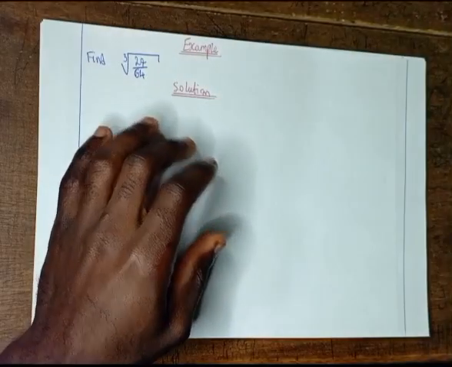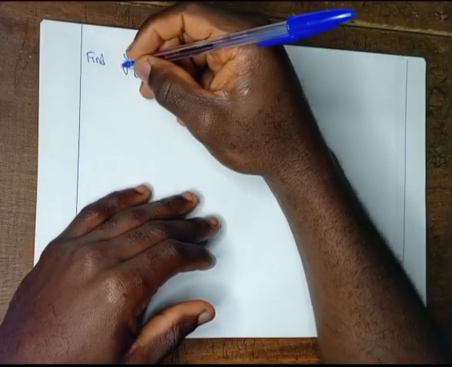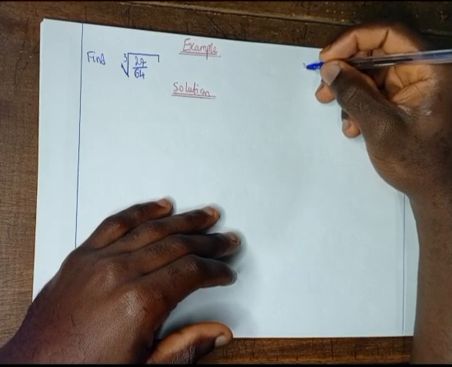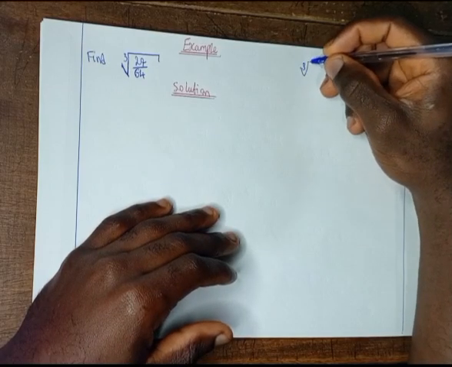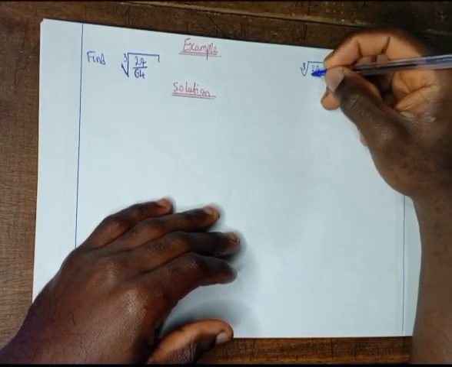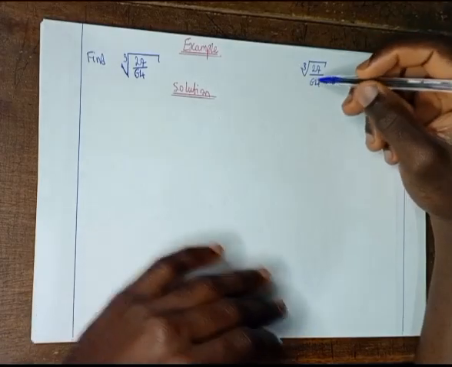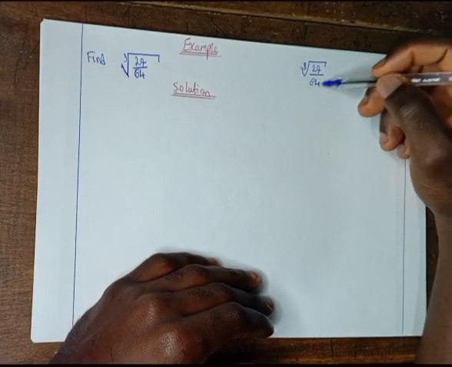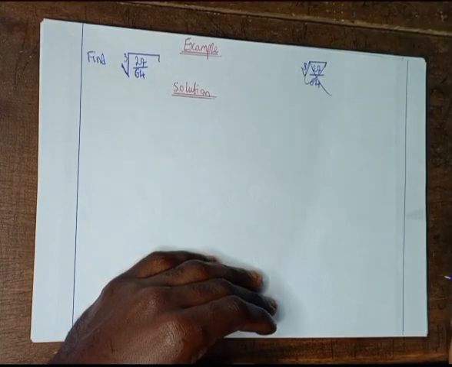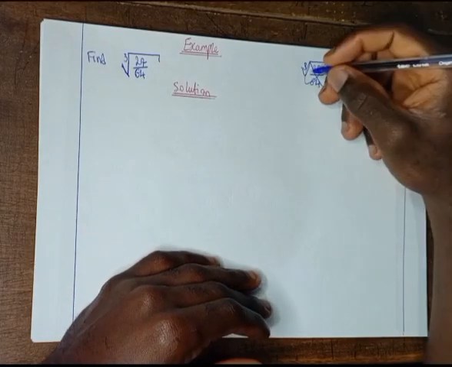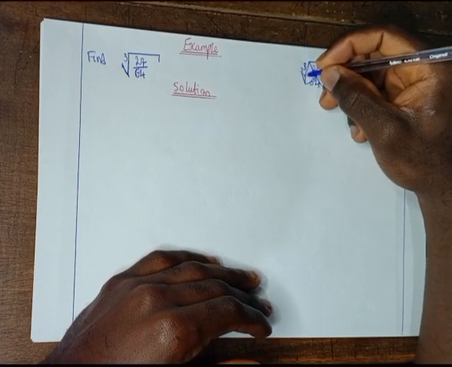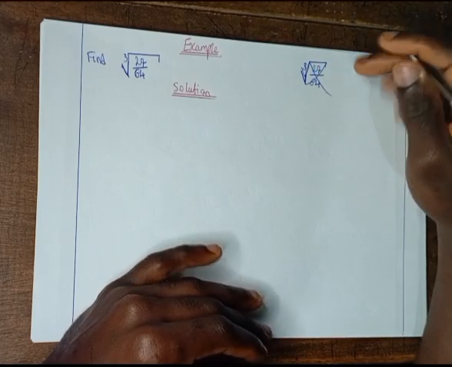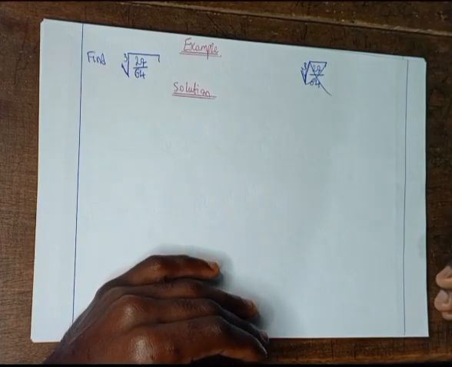You take note, it is the cube root of this entire fraction. Because most often at times you see students writing something like this. In such a case, you write something like this, that means it is the cube root of 27 on 64, which is not true. So you take note, you must extend the root sign, this sharp pointed end of the root sign, for it to cover the denominator of the fraction.